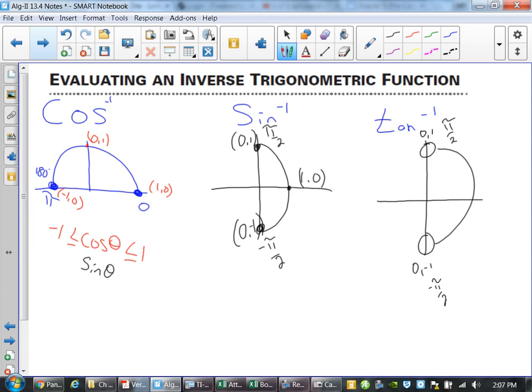So the tangent at pi over 2 would be 1 over 0, which is undefined. So at pi over 2, it's undefined, so you have a vertical asymptote. So it can't be that, so it goes as close to this as it can.